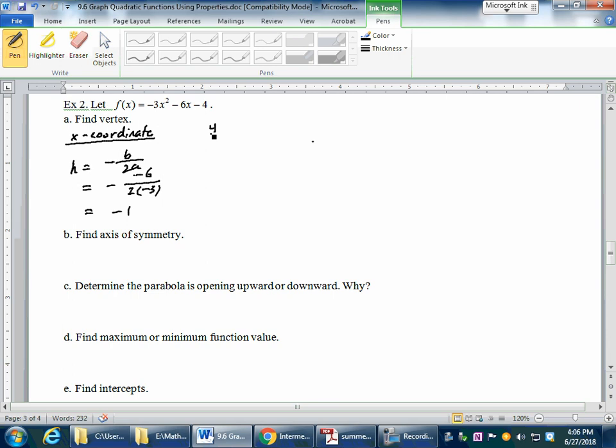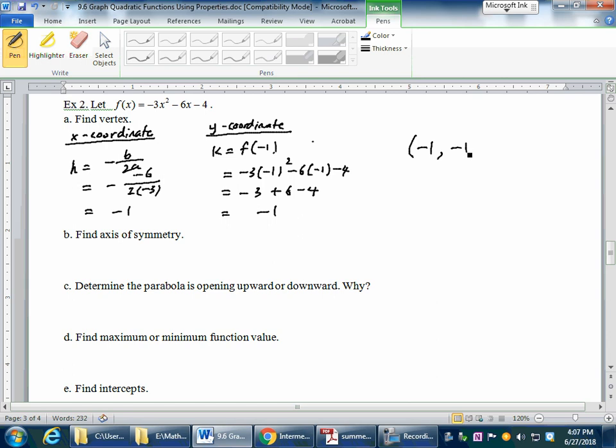Then we will look for the y coordinate of the vertex, by substituting the x value into the function, so f of -1. This becomes -3 times (-1) squared minus 6 times (-1) minus 4. So therefore, this gives me -3 plus 6 minus 4, which is -1. So now I know that my vertex has x coordinate -1 and y coordinate also -1.